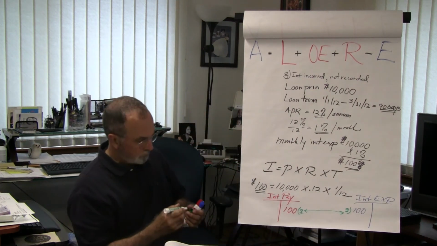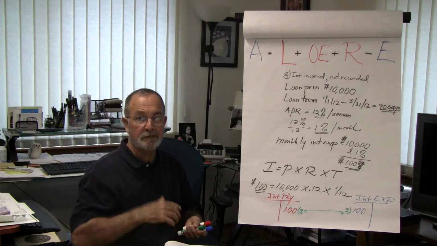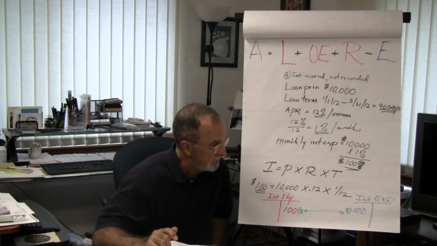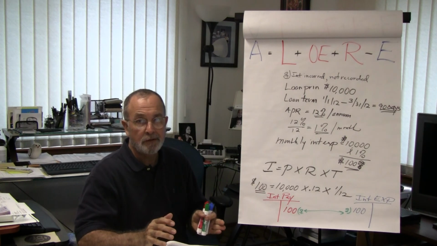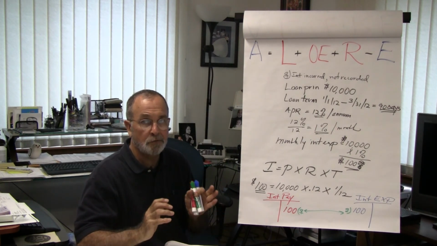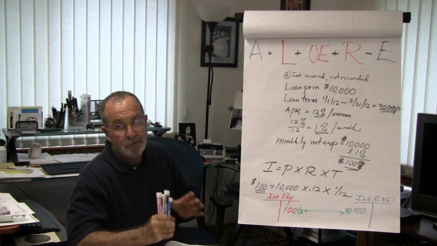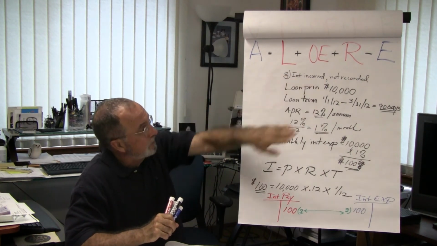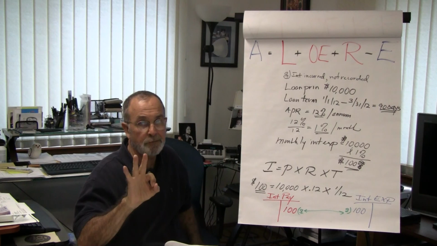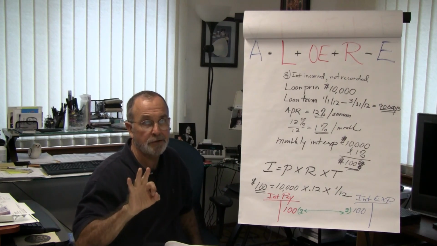Keep in mind, we would make this same adjustment at the end of the second month, and at the end of the third month, we wouldn't have to do an adjustment. We would simply pay the entire amount due, which would be the $10,000 plus 3 months worth of interest at $100 a month.